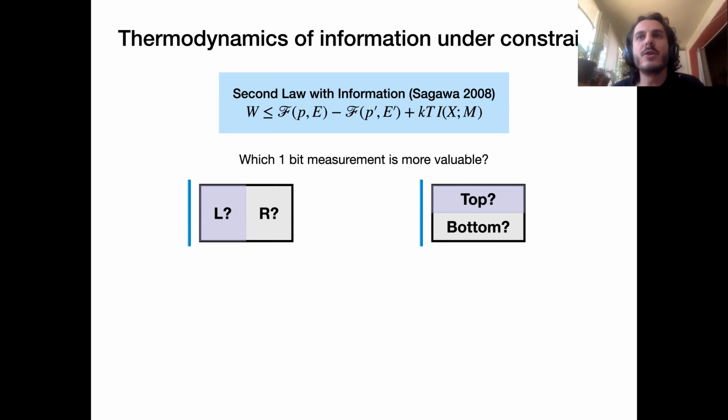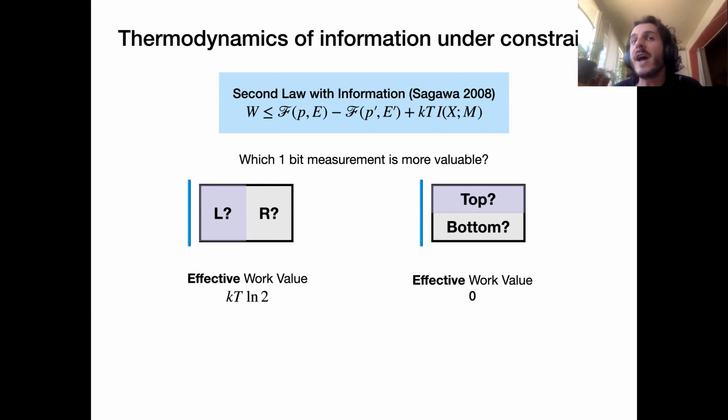But we can use the kinds of results I just talked about to show that the effective increase in work due to the measurement on the left is KT log 2, while the effective increase in work under the measurement on the right is actually 0. So that's a completely useless measurement. You would pay for it thermodynamically, as we know, but you can't use it to extract work.